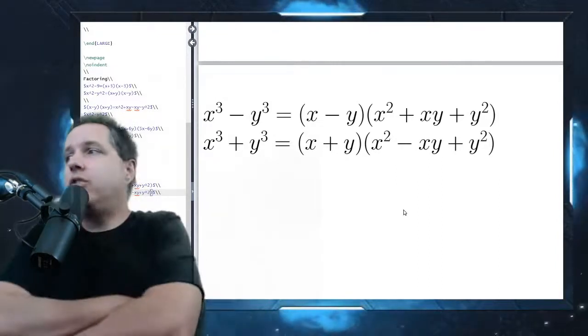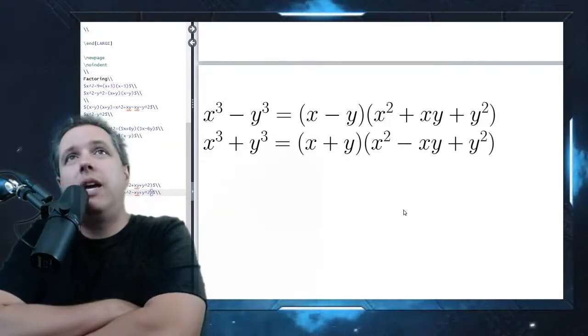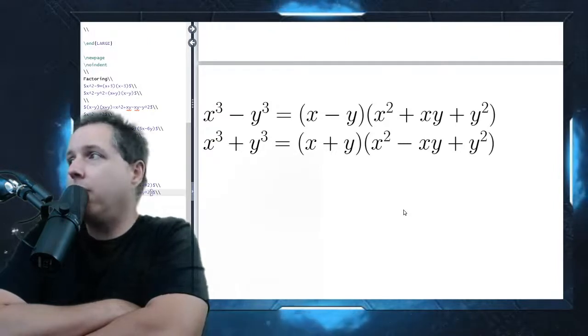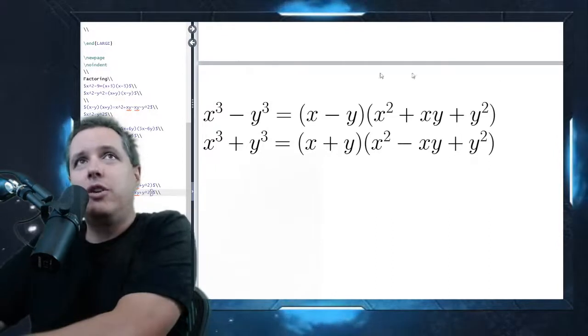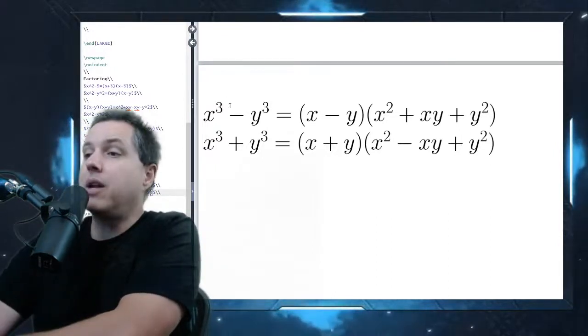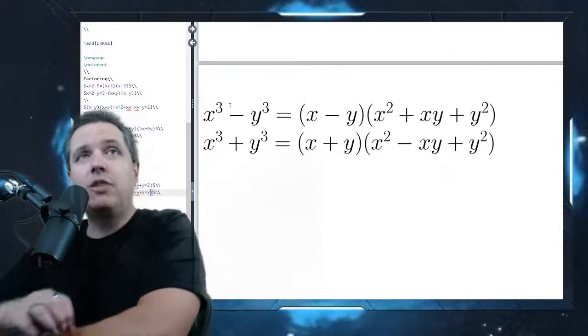Now, you may look at these two and go, oh man, those are a lot to remember. But here's the good news. You can kind of recognize there's some structure here. You might use the wrong one at the wrong time, but I'm going to give you some clues so you can learn these formulas and then you won't.